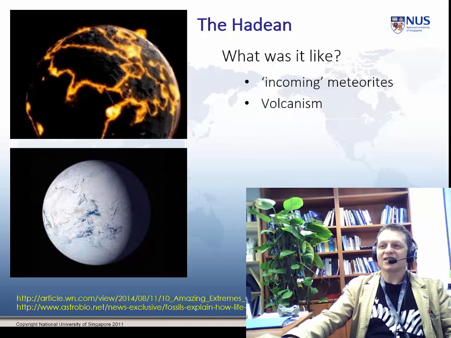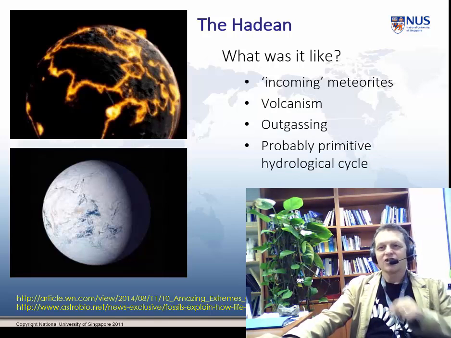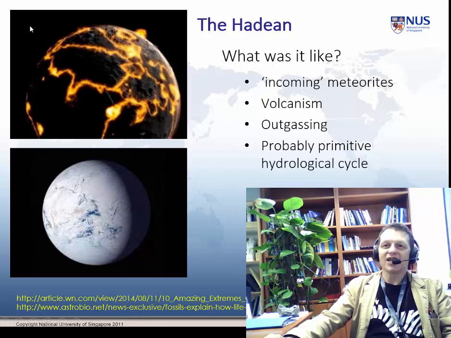Incoming meteorites, massive volcanism, outgassing. You probably had a primitive hydrological cycle running, so that water was evaporating, moving away from the planet, cooling, condensing, and eventually falling back as rain. As this cycle goes round, you're actually pumping heat away from the surface, which allows more of the surface to cool.